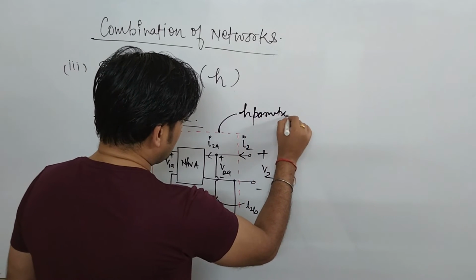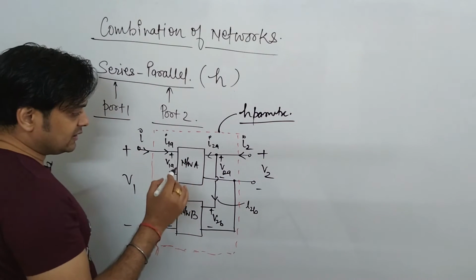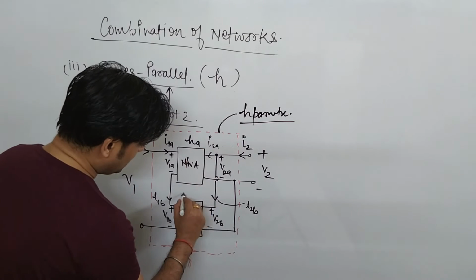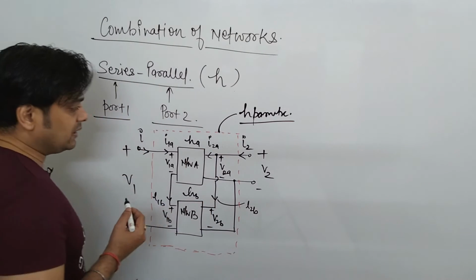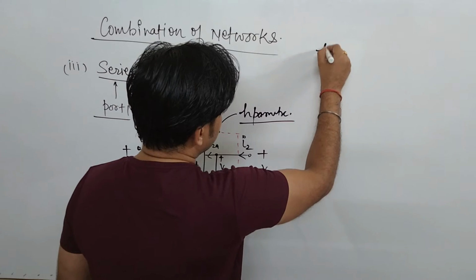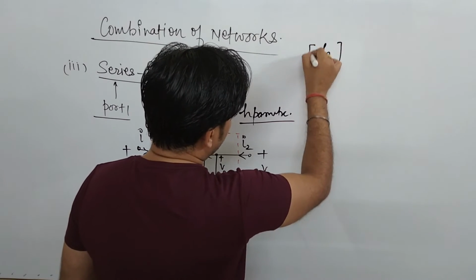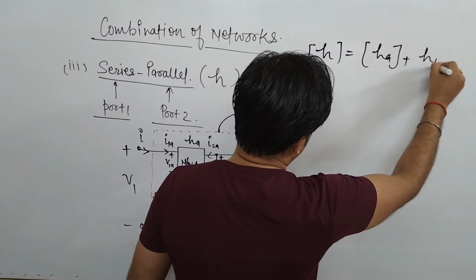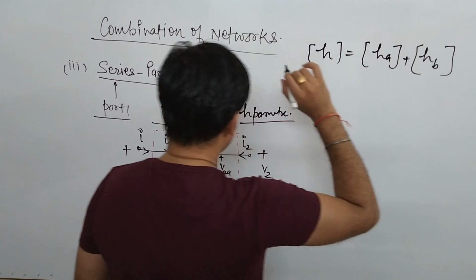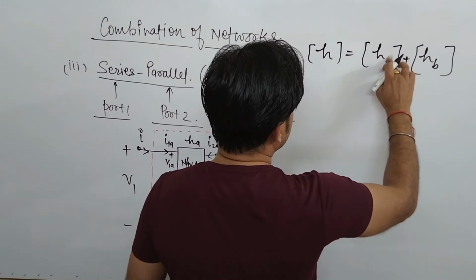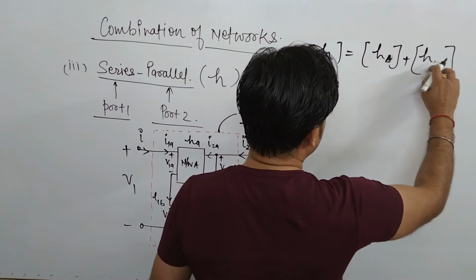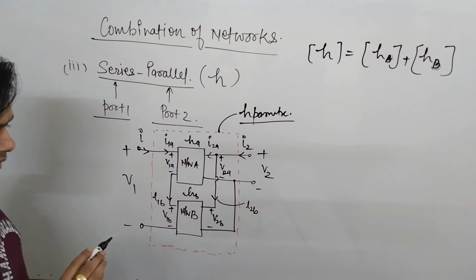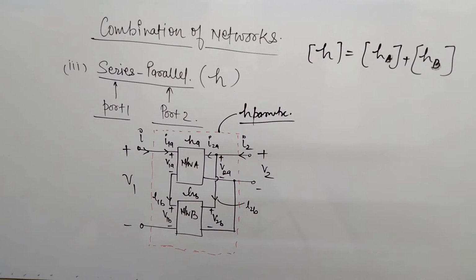Why? Because you can directly find the H parameter of each and simply add them. So here you have to find HA, and here you have to find HB. The H parameter for such a condition is given by HA plus HB. You can write it as capital A and capital B also. Do not confuse with the sign convention. So it is HA and HB.